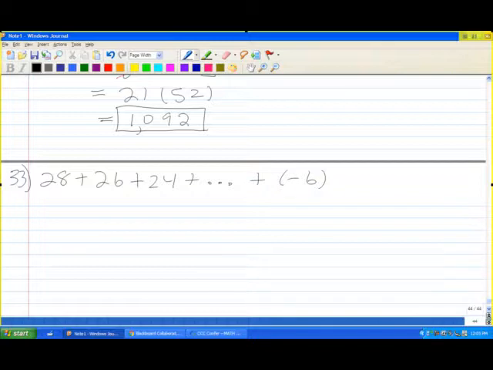And so again, I know the first term and I know the last term. So I'm going to use that formula, their very first formula, to find the sum of the first n terms of an arithmetic series.